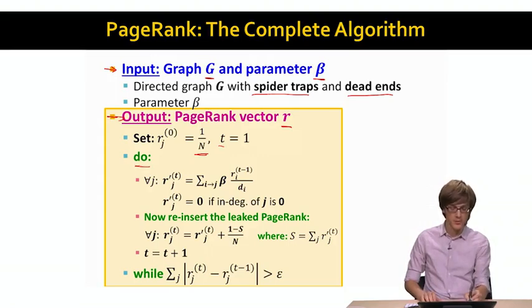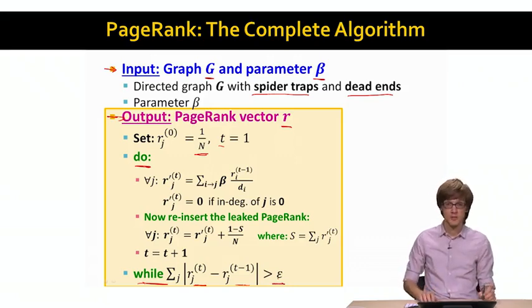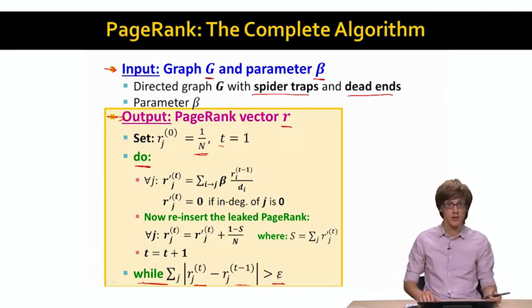Then we have a loop where we iterate until our PageRank vectors converge, which means that between time step t minus 1 and time step t, the individual entries do not change by more than some small value epsilon. This epsilon is a user-set parameter, and depending on how small it is, that is the number of iterations the algorithm will need to converge. Okay, so now we have explained the outer loop.